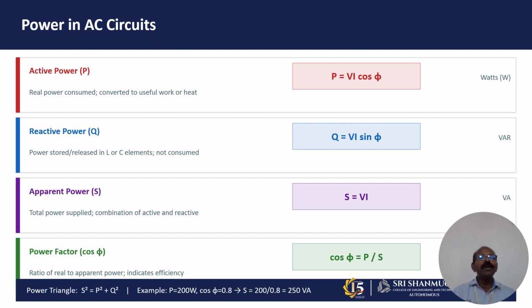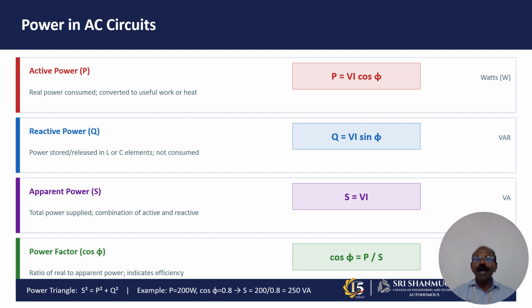The reactive power is the power stored or released in an inductor or capacitor. It is not the consumed power. That is called reactive power. Q is equal to VI sin theta.